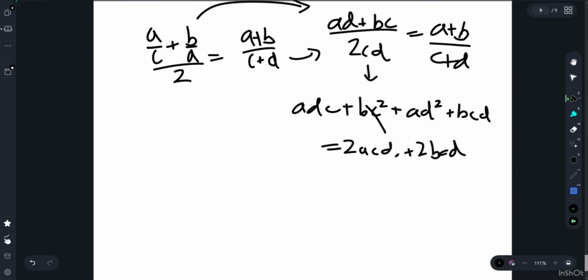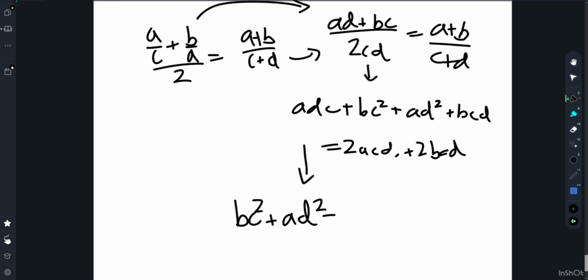So now let's move everything to one side. We get BC squared plus AD squared minus ADC minus BCD is equal to 0.